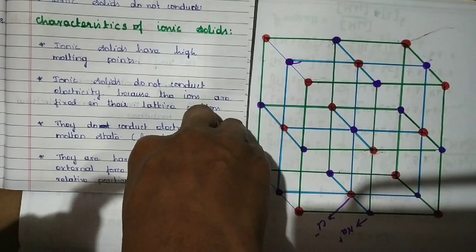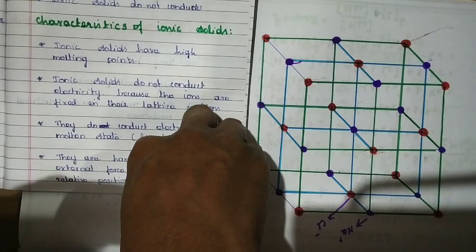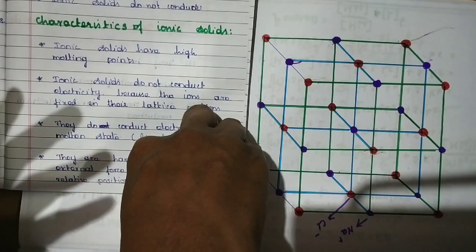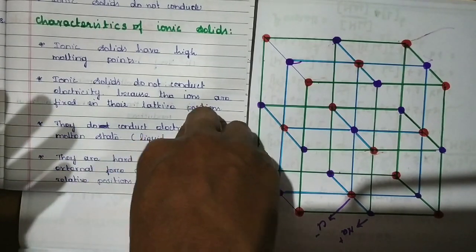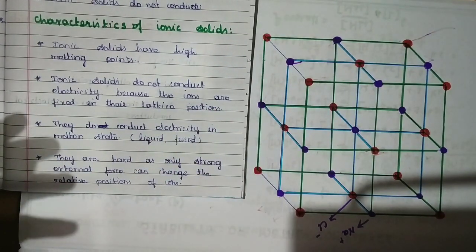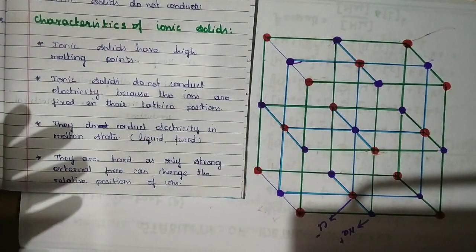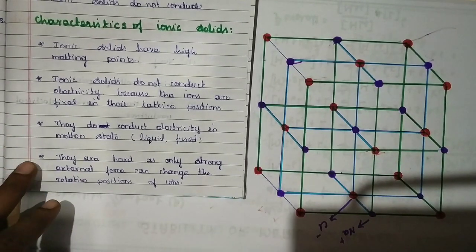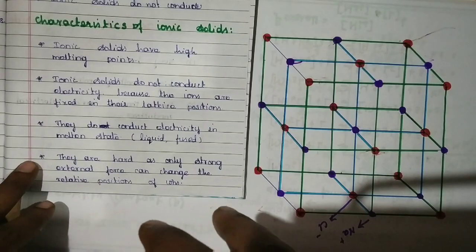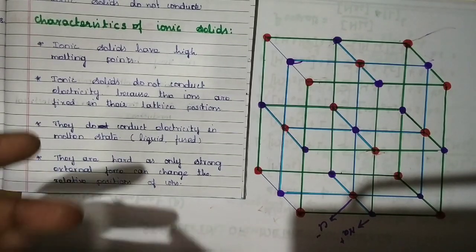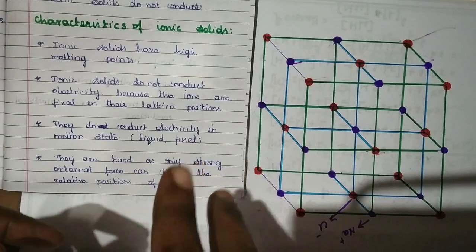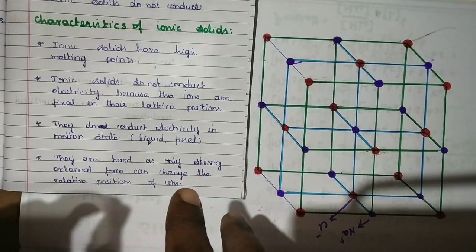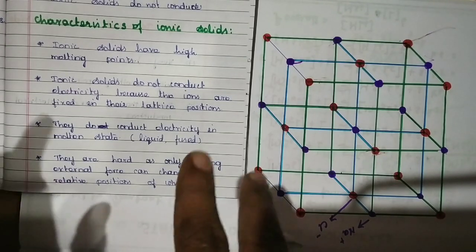If ionic solids are dissolved in a solvent, they convert into a solution. In the liquid or fused condition, ionic solids do conduct electricity.